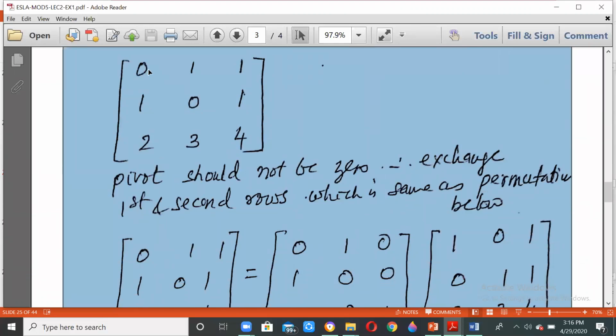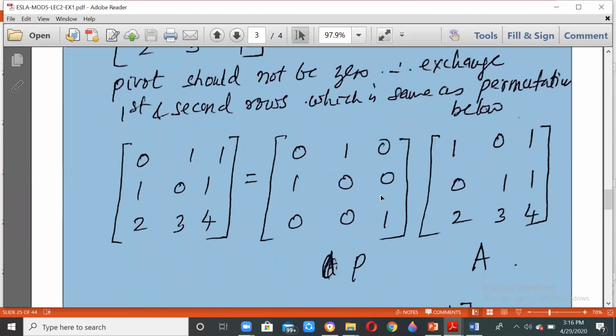Because the pivot is 0 over here, we just exchange the first and second rows, which is the same as a permutation. So if you want to do the permutation, it is equivalent to multiplying by a permutation matrix, which is something like this for exchanging the first and second row. So this quantity is nothing but this multiplied by the permuted matrix, that is, rows 1 and 2 exchanged.